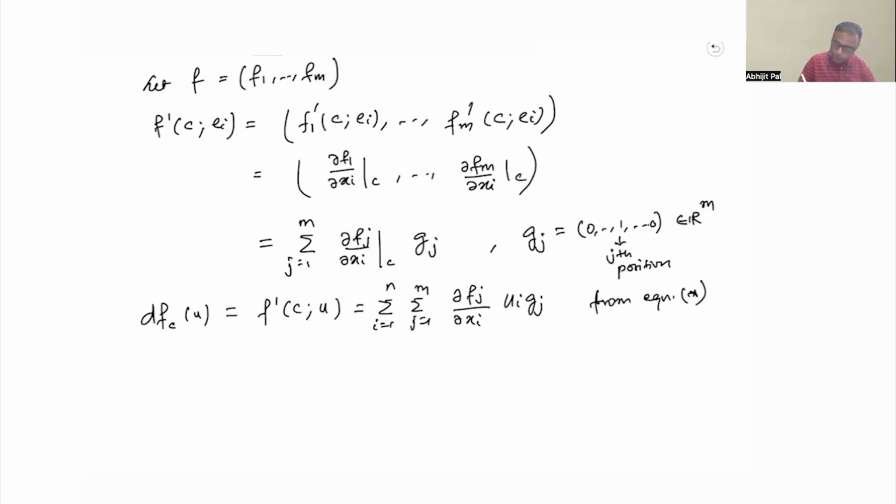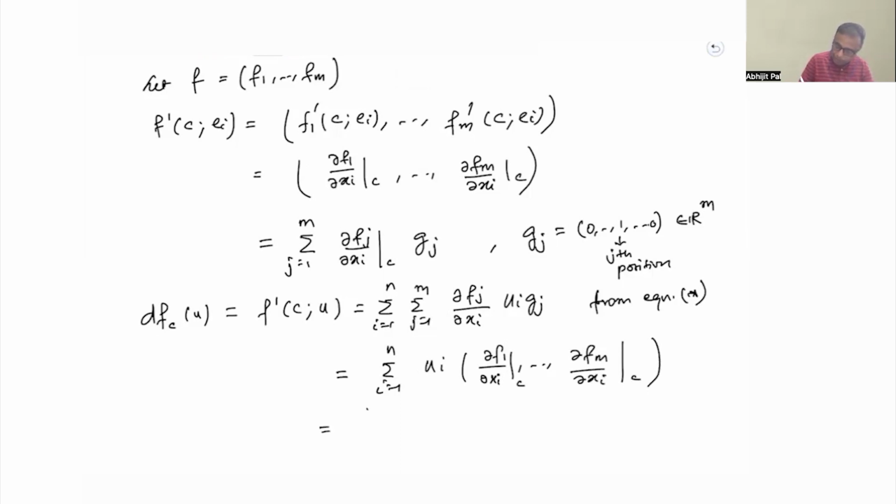Again, this is nothing but summation i equal to 1 to n, I'm just writing the same thing: ui multiplied with del f1 del xi, up to del fm del xi, evaluated at c.